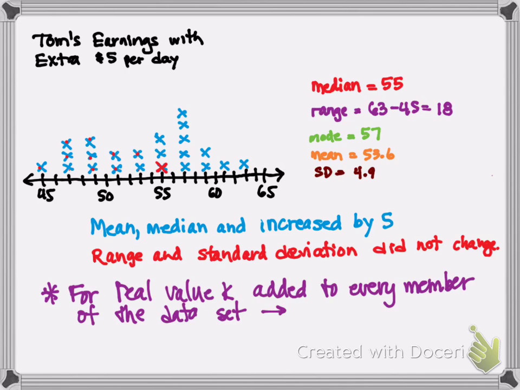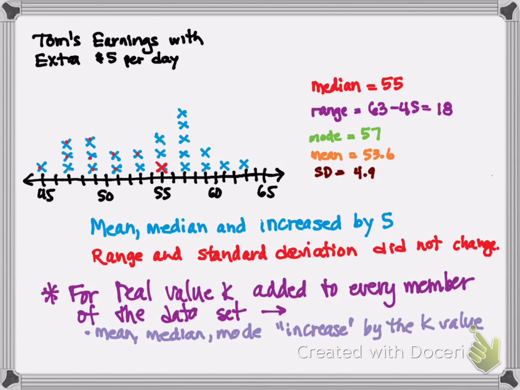Did they write it down? No, they didn't. They're just saying, whatever you're going to do, here are the two things that happen. One, your mean, median, and mode "increase" by the k value.